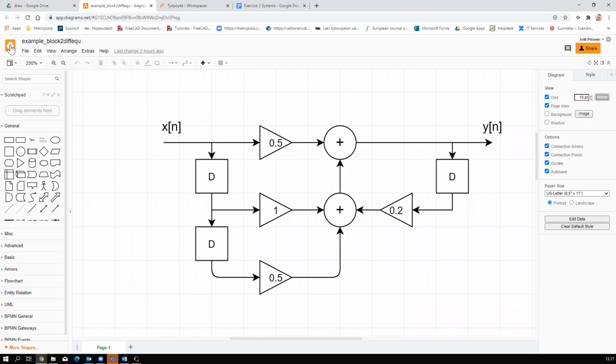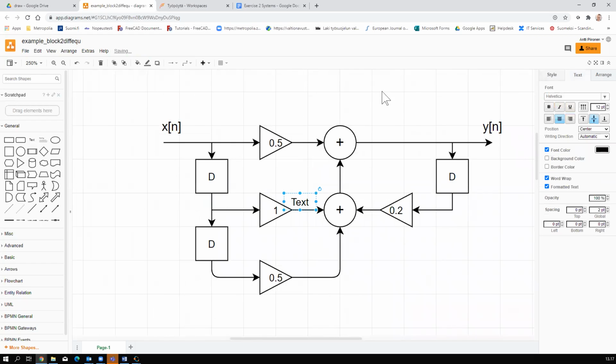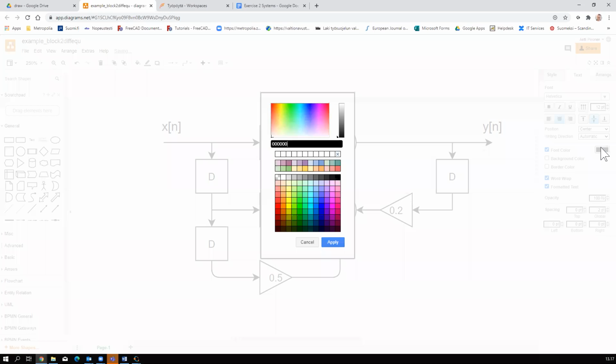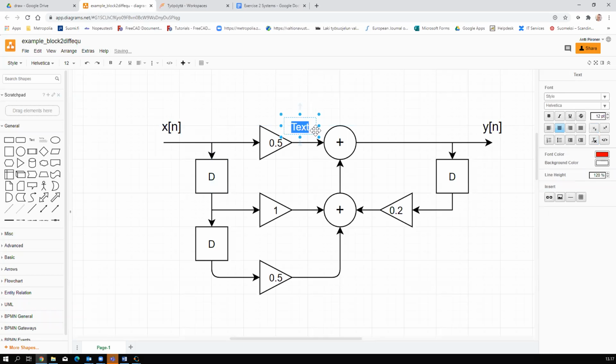So it's the draw.io, and there we are. Text. Font color. Red. Apply. So practically how you actually do this kind of exercise is what I already showed you.